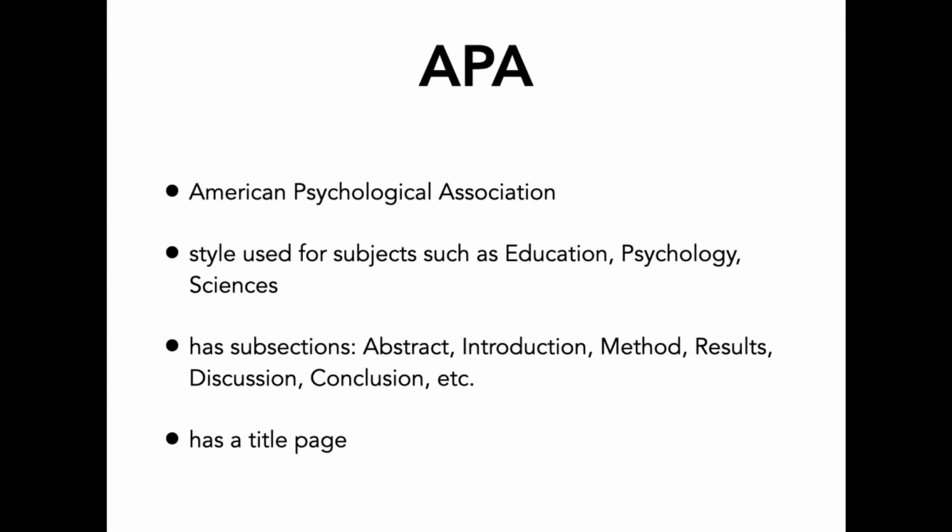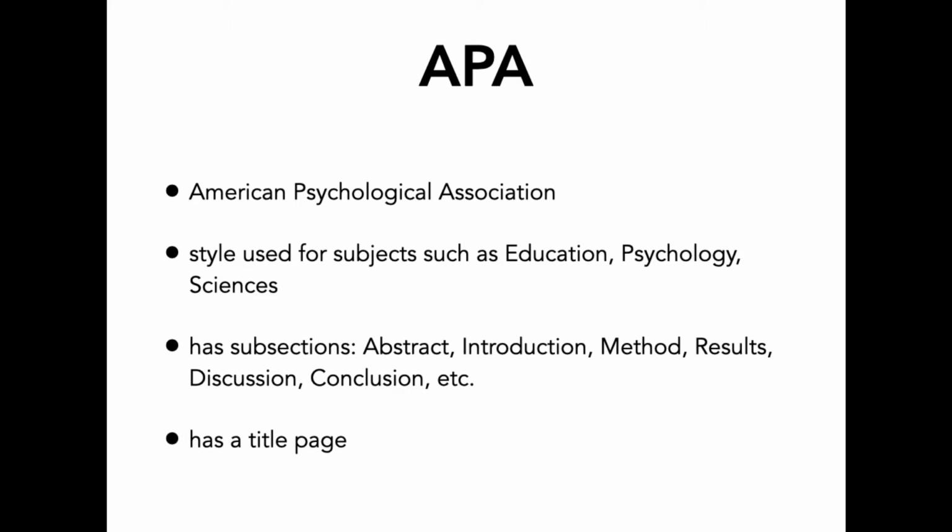The American Psychological Association sets the standard for APA format, but it isn't only used for psychology. It's used for other subjects as well, such as education, and many of the sciences use APA format. One major difference between APA and MLA is that APA papers are split into subsections.